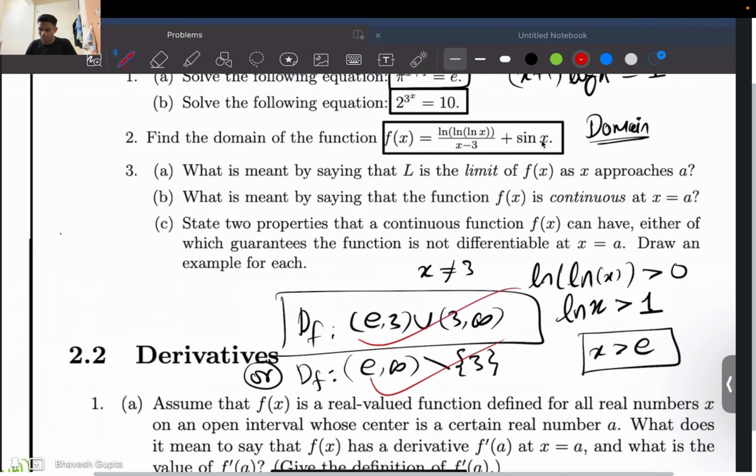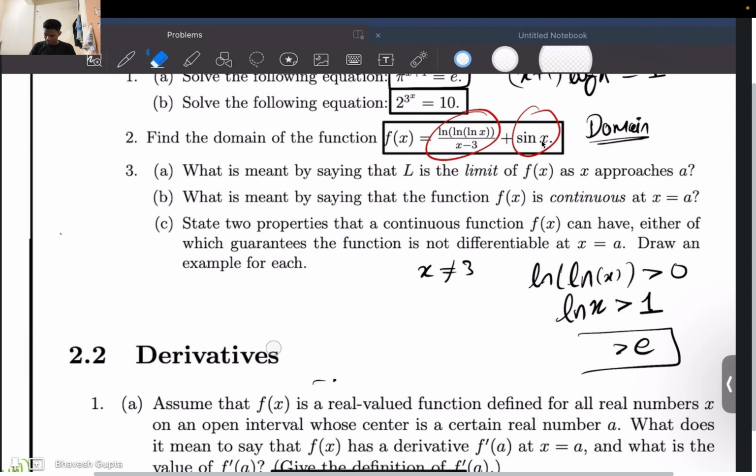You might see either in the options, so you have to just check. Over here we don't have any problem of domain because it is real to real, minus infinity to infinity. Over here we had the problem we just saw, and for everything to be well defined, we have to take an intersection of all. So that's what we did here.